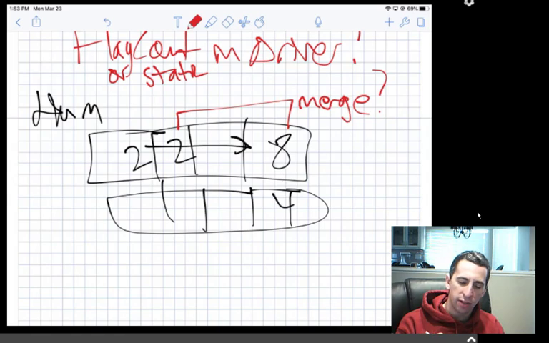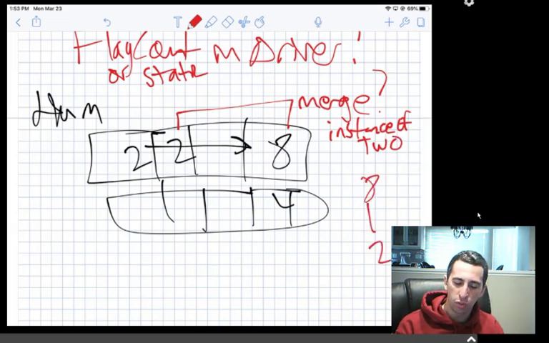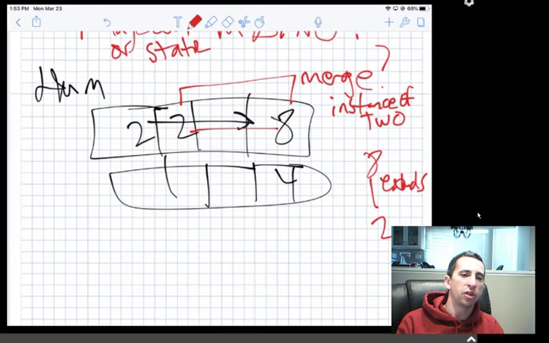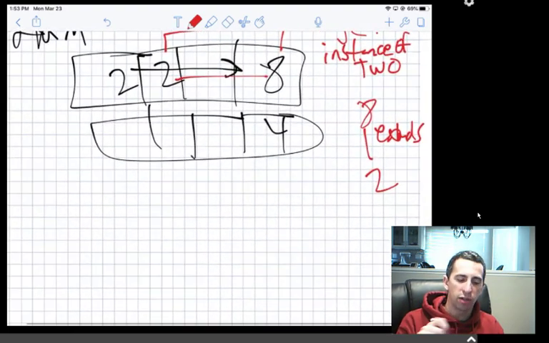This will happen if you use instanceof. Because if you just check if something is an instance of 2, and your 8 extends 2, an 8 is technically a 2, so it might try to merge those two even though you don't want it to. So there are a couple ways around that.